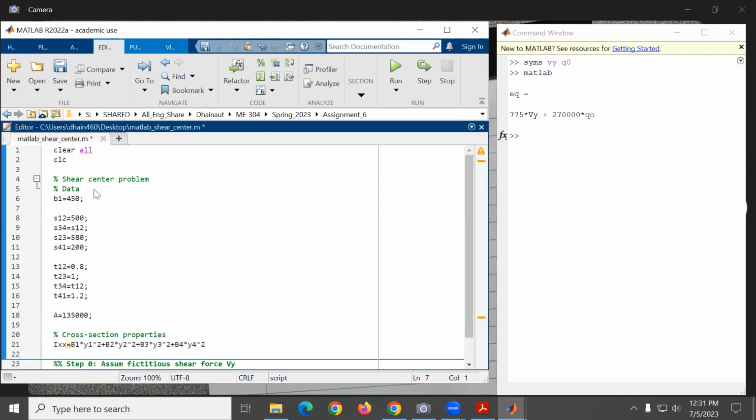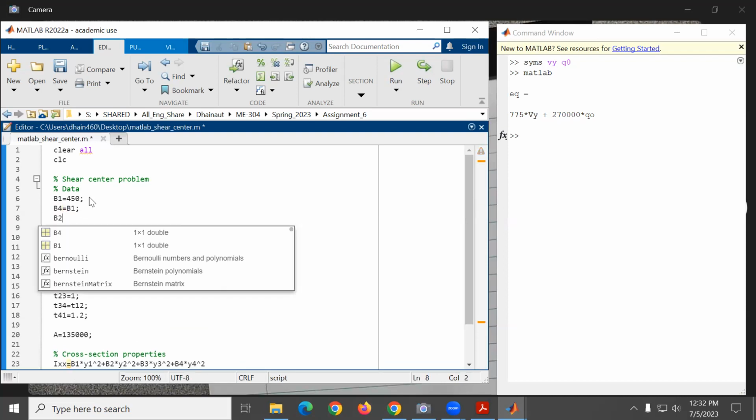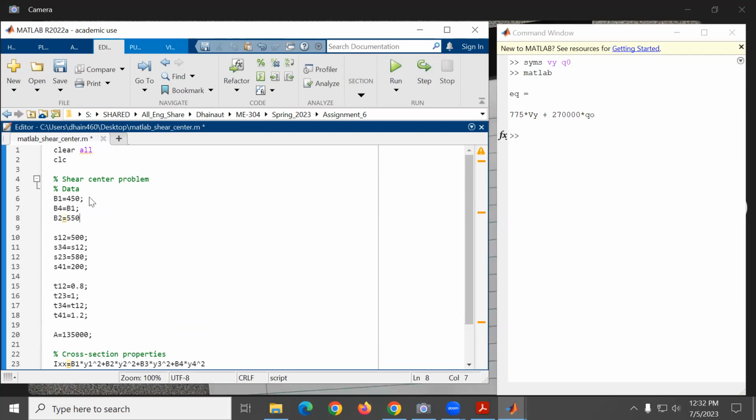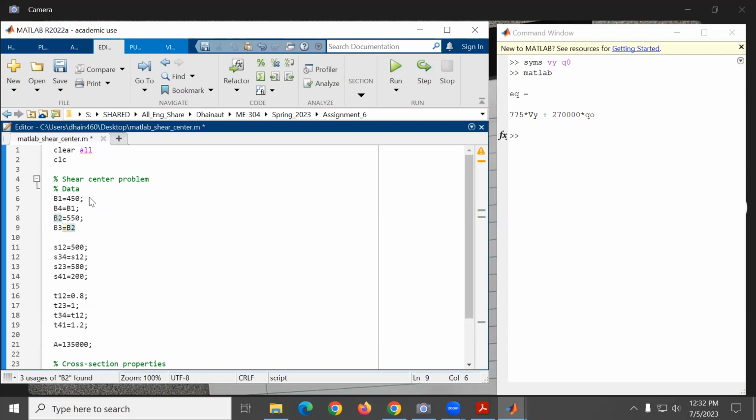Why is it not doing the capital? B1. Okay, I think B4 then should be equal to B1, no? Yeah. Then B2 is equal to how much? 550, and then B3 should be equal to B2.